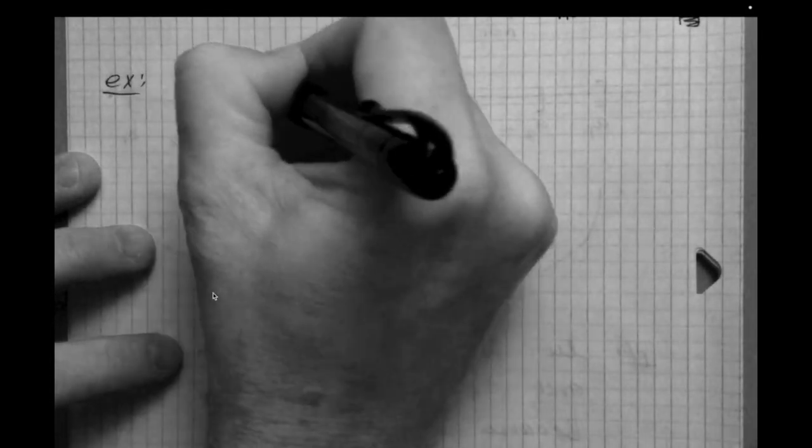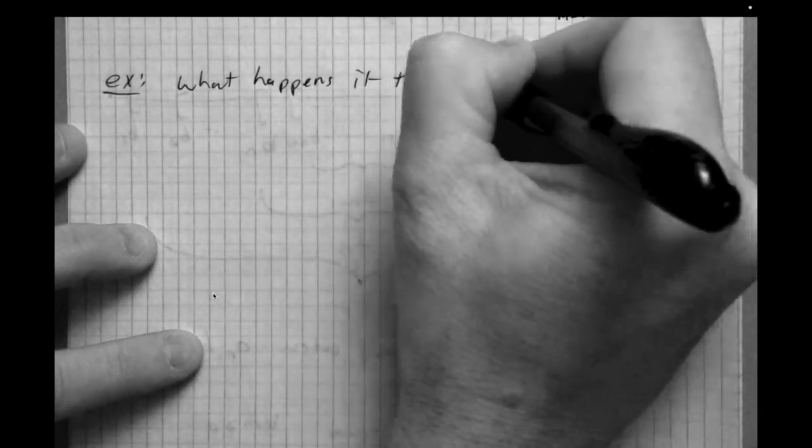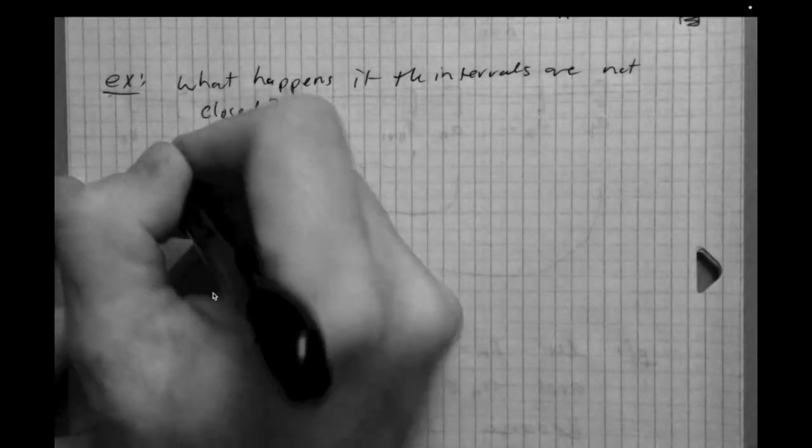It does matter, obviously, but the fact that they're all closed is absolutely imperative, right? Because what happens if the intervals are not closed? Does it work? Let's take an example. Let's look at a counterexample where it kind of falls apart.